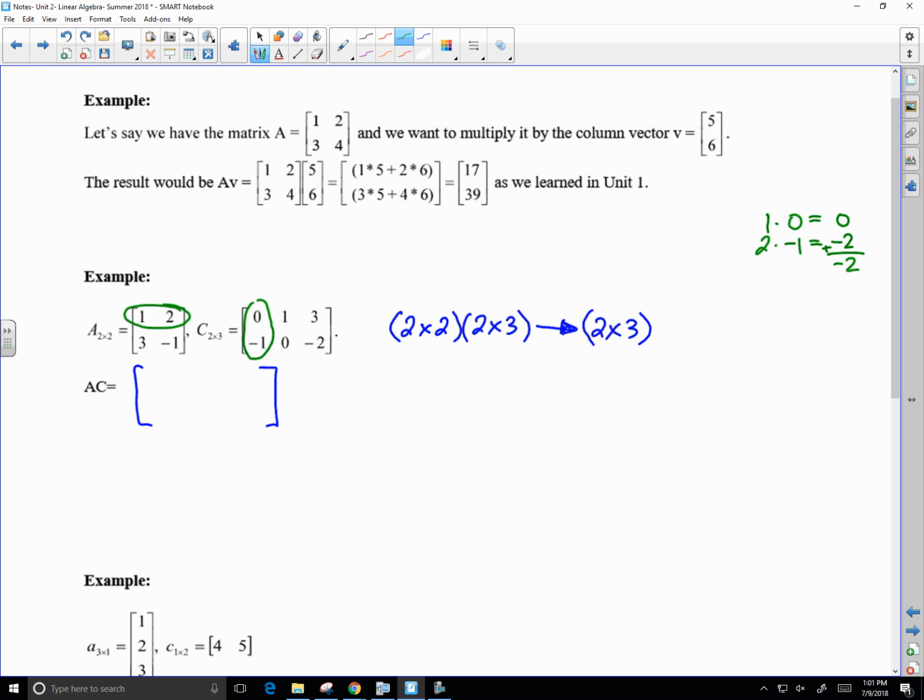So, just to combine some thoughts here, what you're really doing is taking the dot product of the transpose of the rows of matrix A and the columns of matrix B, or matrix C in this case. We'll talk about notation and how to express this down the line.